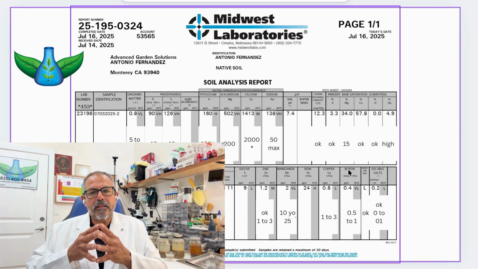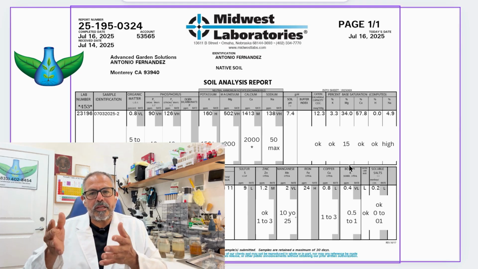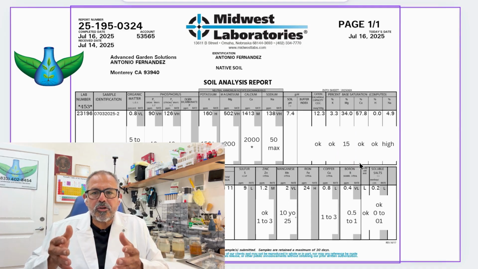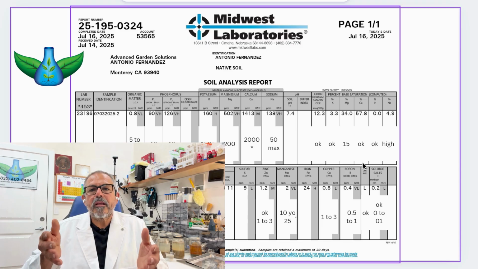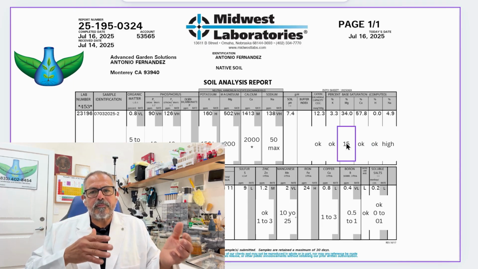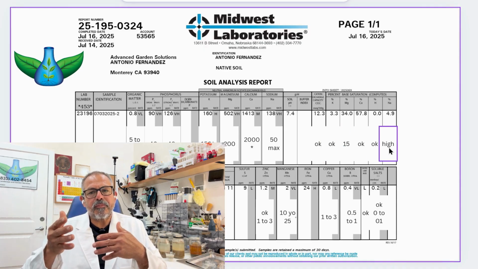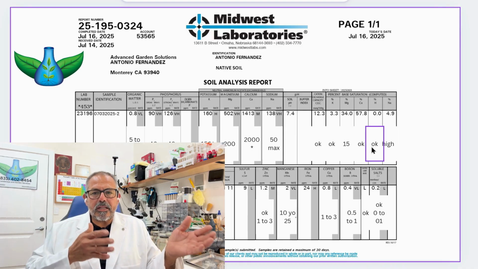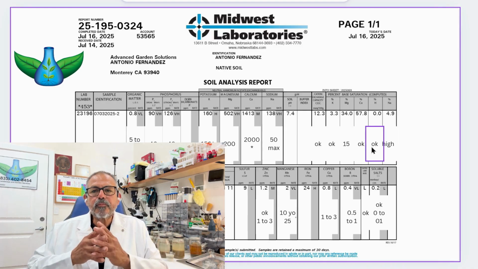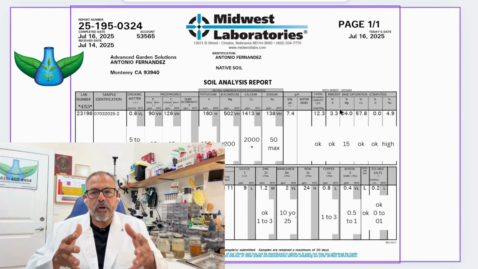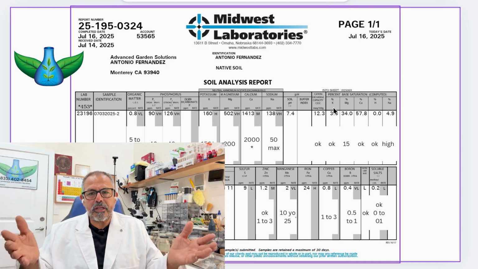In excess, they can also become toxic to plants. The base saturation analysis helps us determine the proportion of soil nutrients like calcium, magnesium, potassium, and sodium relative to acidic elements like hydrogen. It is important to keep them in balance so one does not interfere with the others.